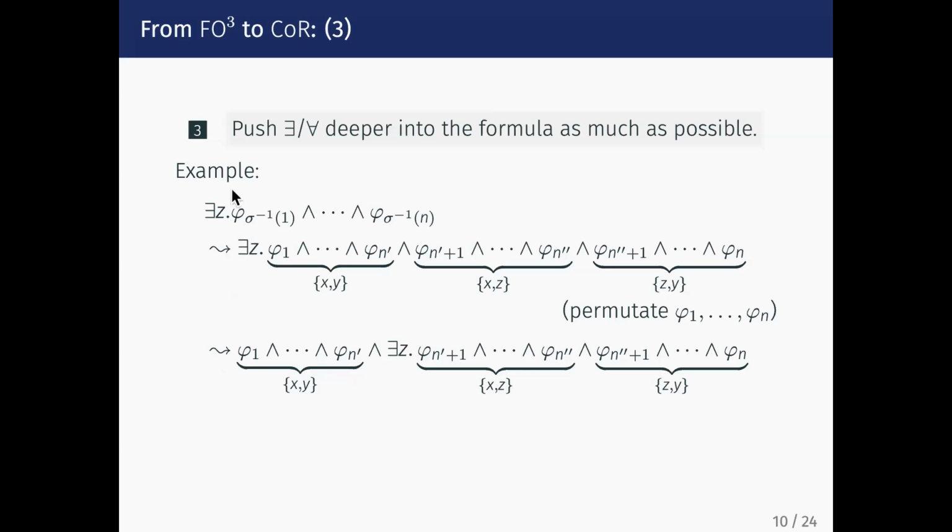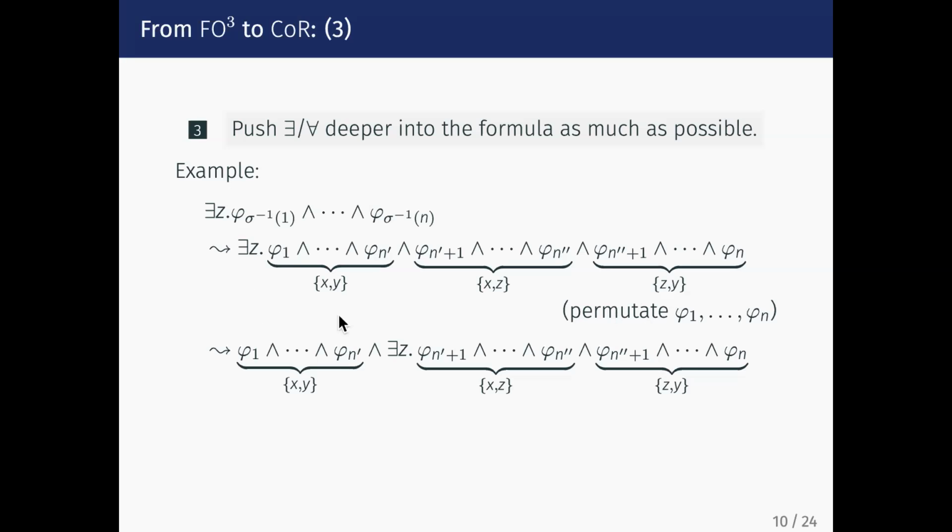Now for the third step, we push quantifiers deeper and deeper. For example, let's consider this formula. Note that by the second step, each formula has at most two free variables. So by permuting appropriately, we can order the formula like this.